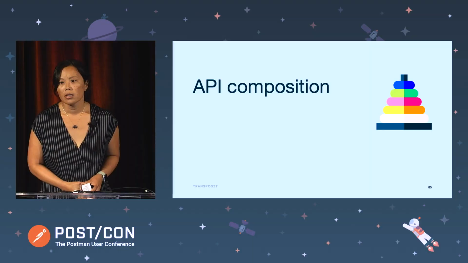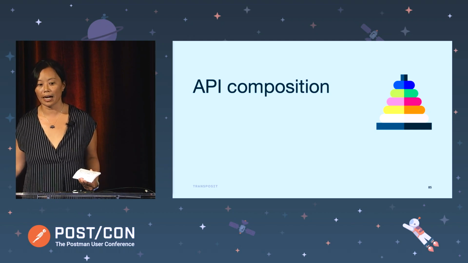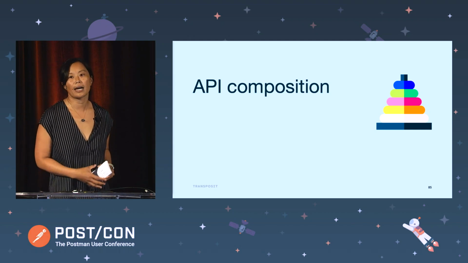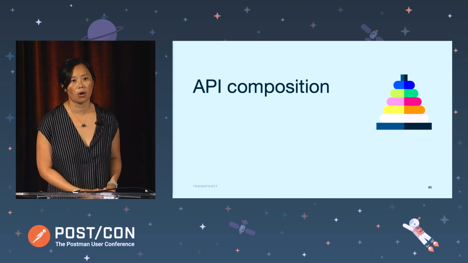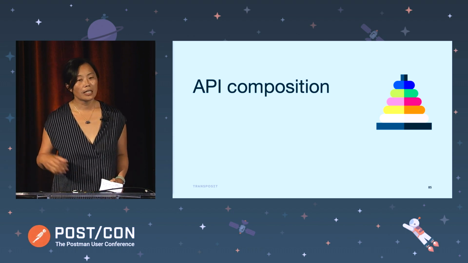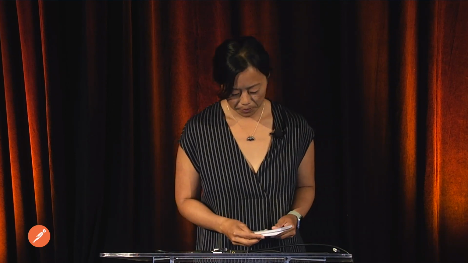At Transposit, we call this problem of having to glue together all of these different APIs the problem of API composition. The reason we think this is such an important problem is because the number of APIs just keeps on increasing over time. And unfortunately, the complexity of composing on top of all of these APIs scales exponentially the more APIs you try to compose.